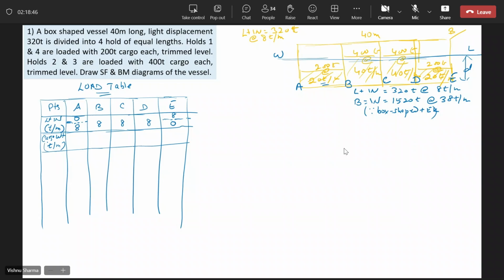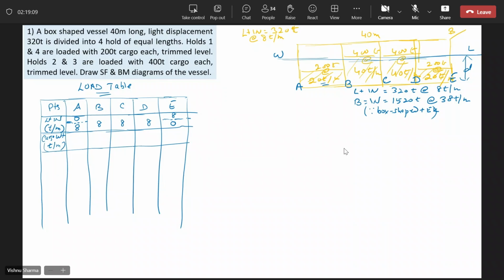Now look at the diagram. At which points do we have the different cargo weights on each side of the point? On each side of A, is it same or different? Look at the beam box shape diagram. Is the cargo weight per unit length same or different on each side of A? Different.